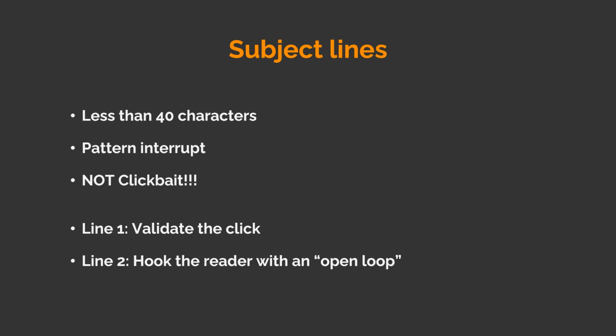Now that the email has been opened, it's time to write the first and second line. The first line should validate the click, so you want to make the reader feel they made a good decision by clicking on the email. Here's an example of not validating the click. Let's say you're on YouTube and you click on a video with the title, How to Drive a Car. But then you click on the video and the guy starts talking about how a car works instead of teaching you how to actually drive the car.